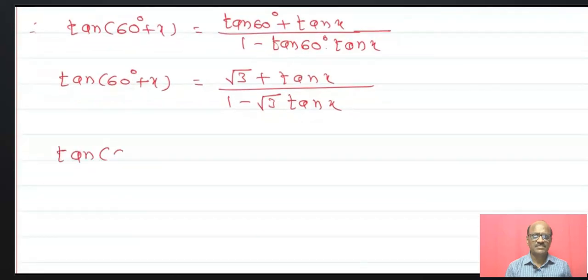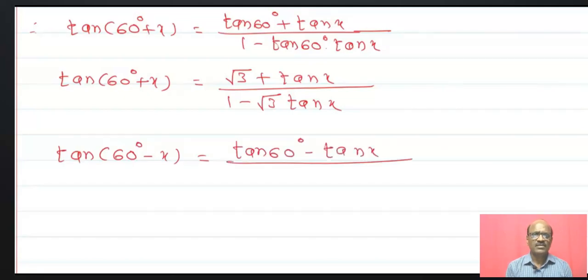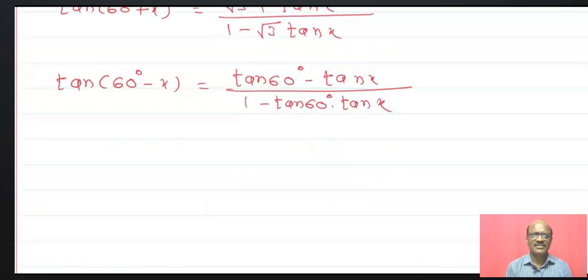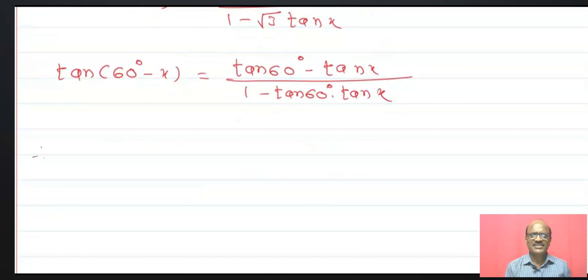This is the first part. It's very simple. Next is tan of 60 minus x. What is the tan of 60 minus x? Tan 60 minus tan x upon 1 plus, there must be a plus sign. I'm making a mistake there.